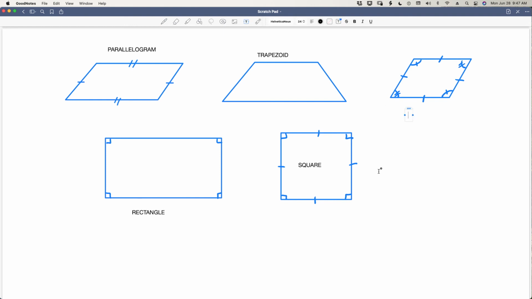So it's like a square that has been slanted. So you know that all of the sides are the same length, but it's been kind of slanted or skewed to one side. So you're going to have 2 angles that are obtuse that are the same, and 2 angles that are acute that are the same. And that's how you know it's a rhombus.